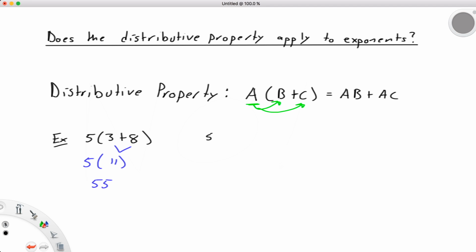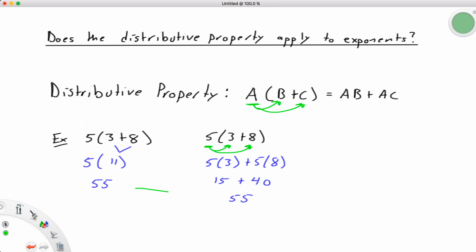We multiply that by the 3 and multiply that by the 8, so we have 5 times 3 plus 5 times 8. As we simplify, 5 times 3 becomes 15, 5 times 8 becomes 40, and 15 plus 40 is 55. And you'll notice this is exactly the same, right?